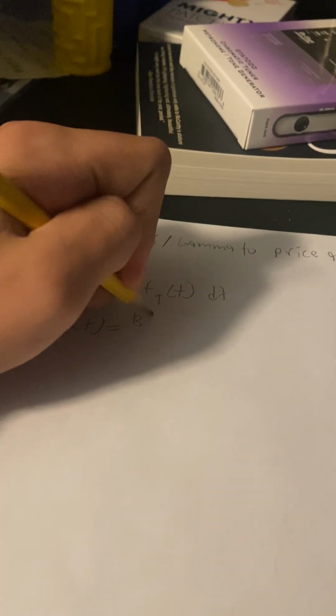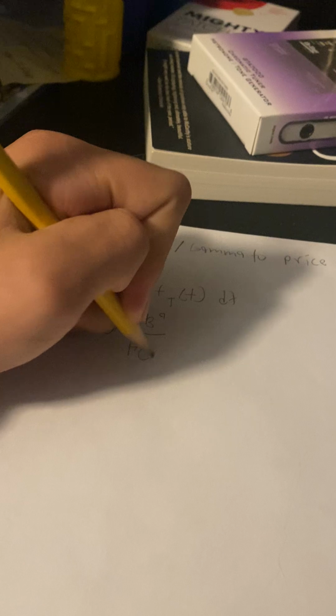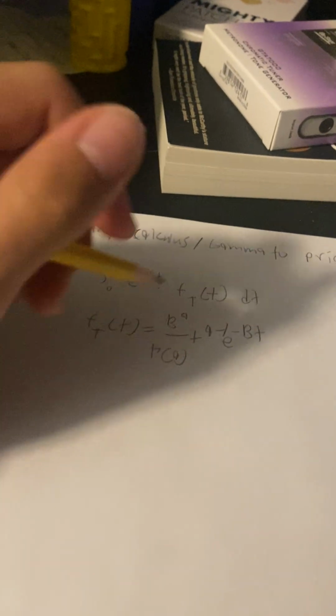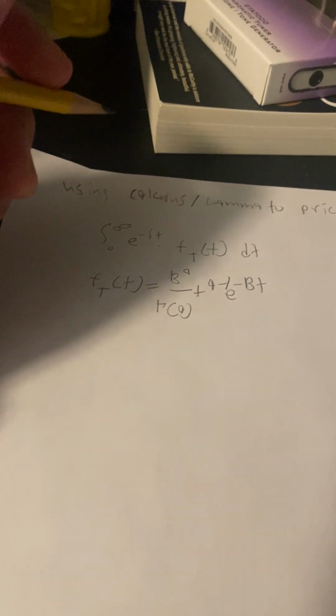So this f of t is equal to beta to the alpha over gamma of alpha times t to the alpha minus 1 e to the negative beta t. And this isn't like the beta function or anything like that, it's just the term beta.